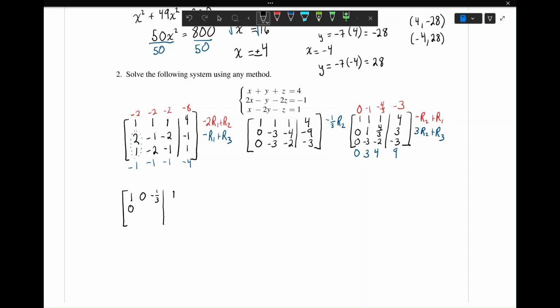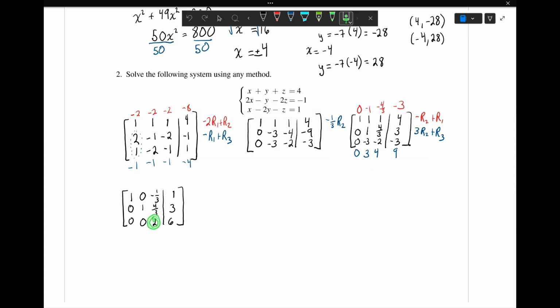My second row remains unchanged because I was using that to make zeros. I have 0, 0, 2, 6. Now I'm going to follow the same pattern where I'm going to force there to be a 1 in this bottom right-hand entry.